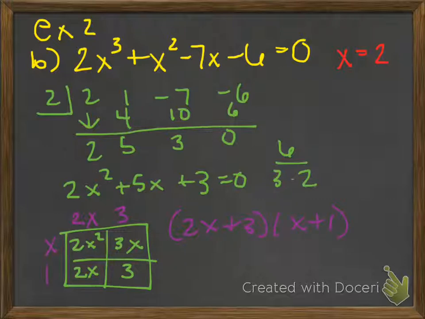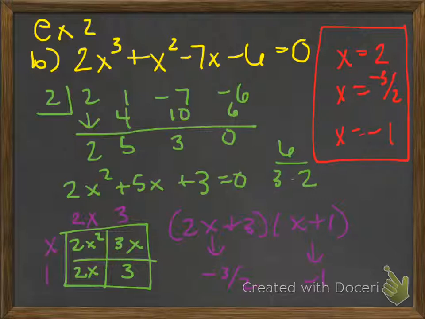From these two binomials, I get answers of negative 3/2 and negative 1. So my three total answers are x equals 2, which was given, x equals negative 3/2, and x equals negative 1. Again, we know we get three answers because of that exponent right there. So that's all for today. We'll pick up with this tomorrow.